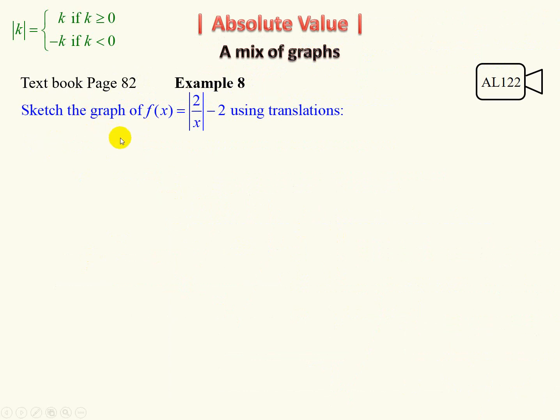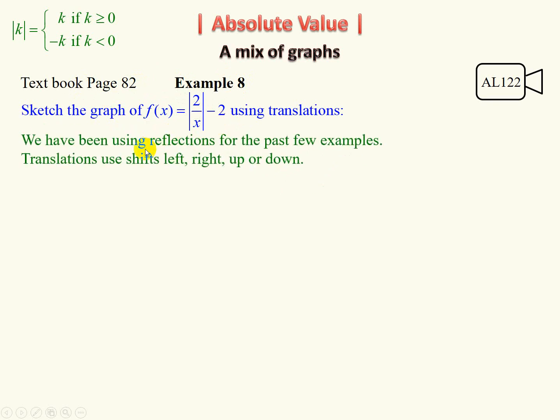We're just going to do one using translations. This is textbook, page 82, example 8. There's just a single example there, y equals 2 over x minus 2. We've been using reflections. Now, translations use shifts, left, right, up, or down.